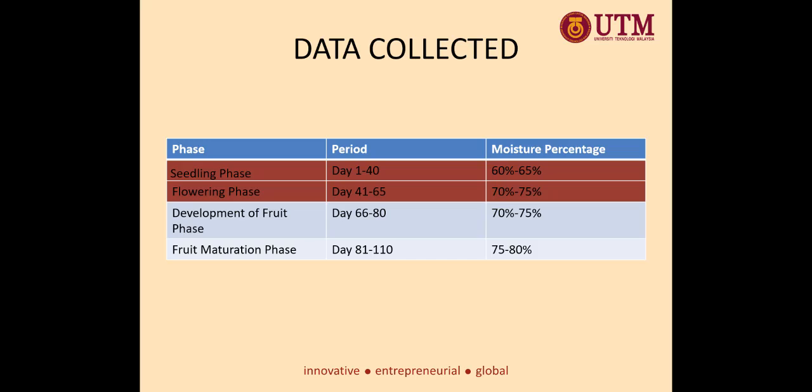The flowering phase is between the 41st day and 65th day, and the ideal moisture percentage is between 70 to 75%. The development of fruit phase is between the 66th to 80th day of the tomato growth, with the same moisture percentage as the phase before. And lastly is the fruit maturation phase, which is between the 81st to 110th day of the tomato growth, with a 75 to 80% ideal moisture percentage.